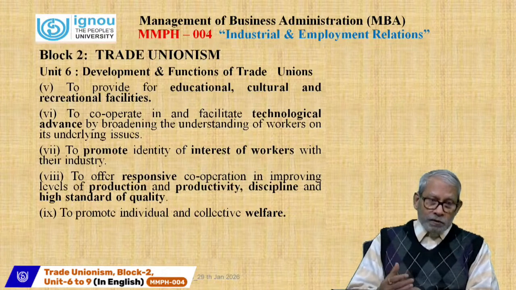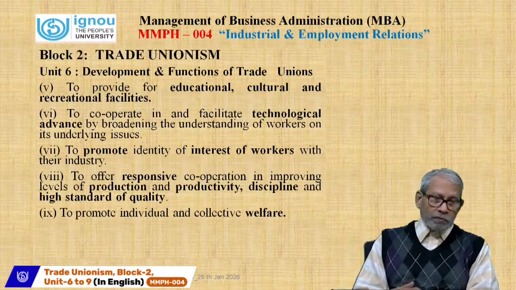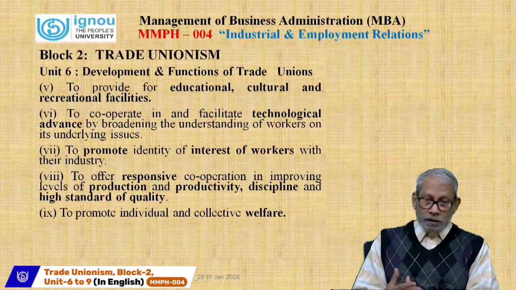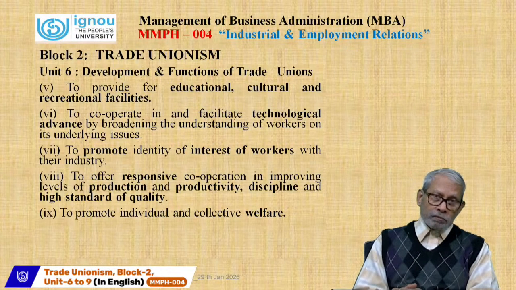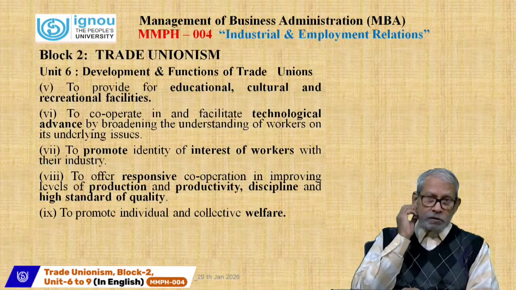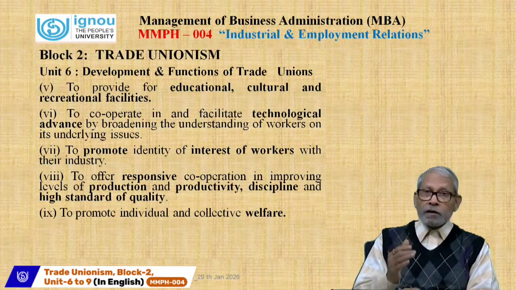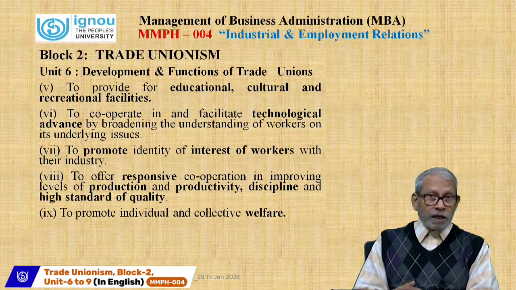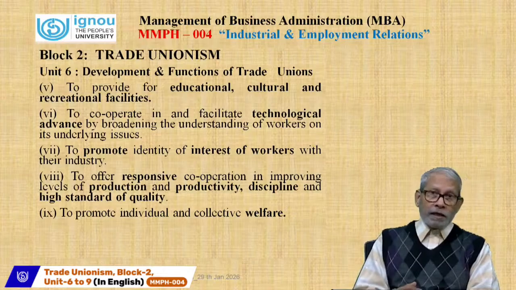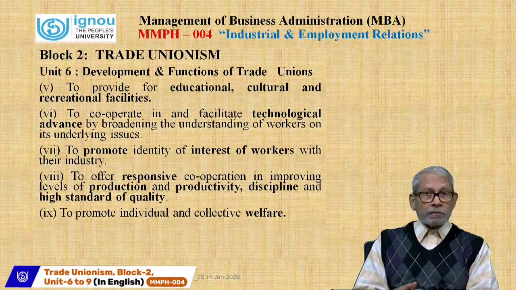To offer responsive cooperation in improving the level of production and productivity, discipline, and the high standard of quality. The last two are the parameters, you can say: discipline and the high standard of quality. It is very much needed in the present scenario, when India is trading with other countries.